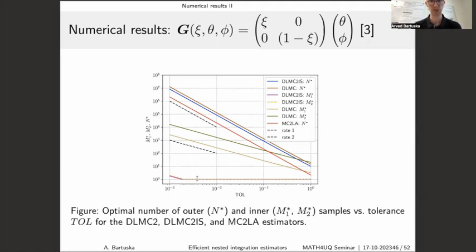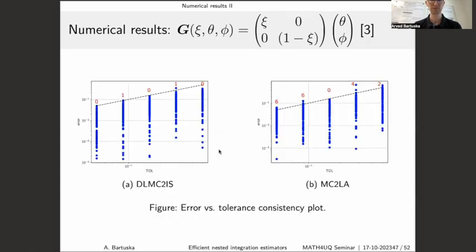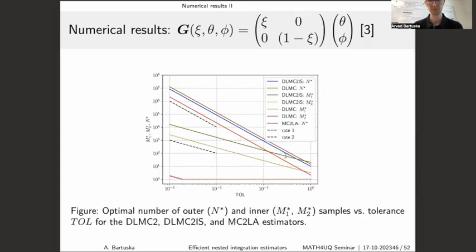So again, we can see how much they are reduced. And this red line is the non-nested Laplace estimator, where we use Laplace's method and then Laplace approximation. Here we don't have inner samples. And the variance of the outer samples here is reduced also a bit compared to the nested estimator.